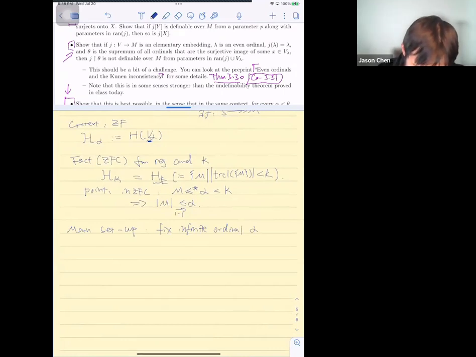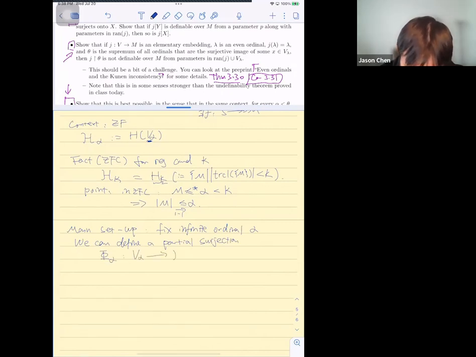We can define a partial surjection. They write it as capital phi sub alpha, which goes from V alpha to H alpha, a partial surjection.